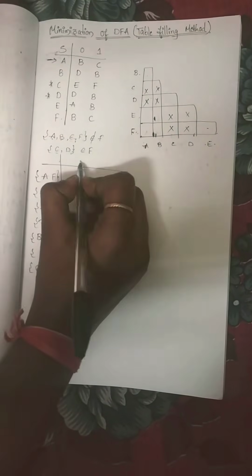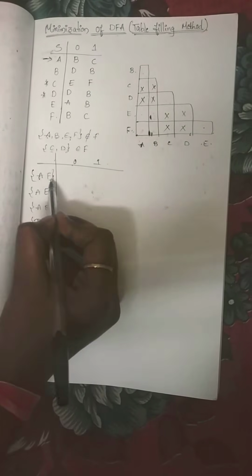Now we have the inputs 0 and 1. We need to consider A, F on 0 and A, F on 1.